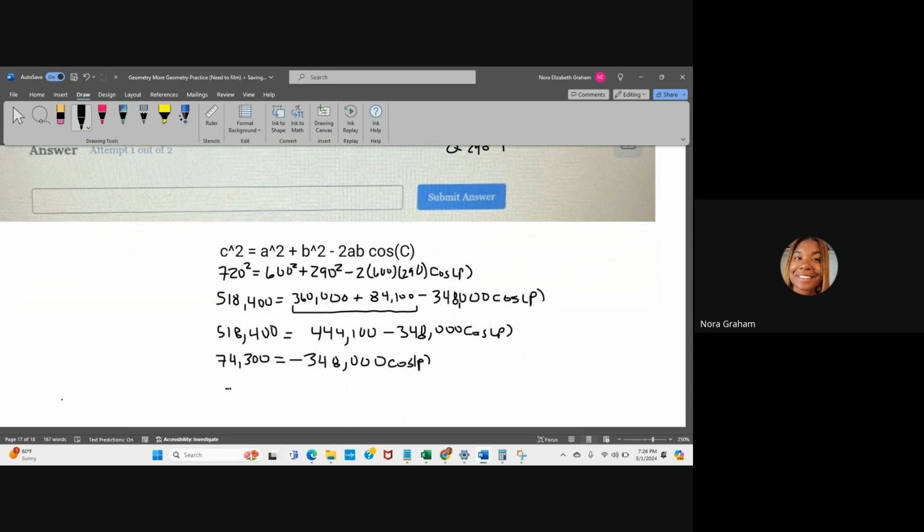So that's going to look like 74,100 divided by that negative. Don't forget to bring that negative with this number, 348,000. And then that cos P stays on this side.